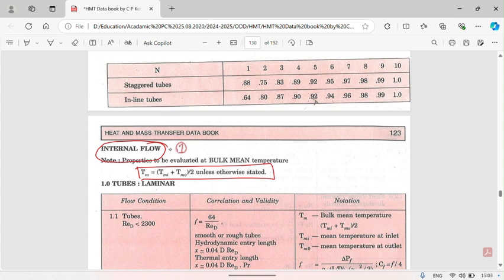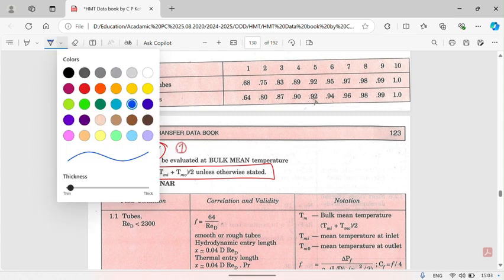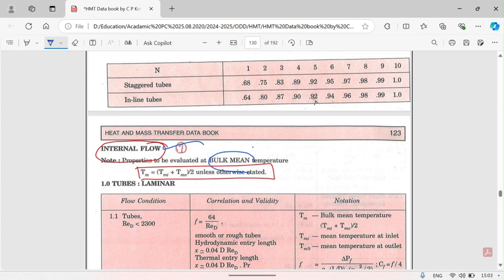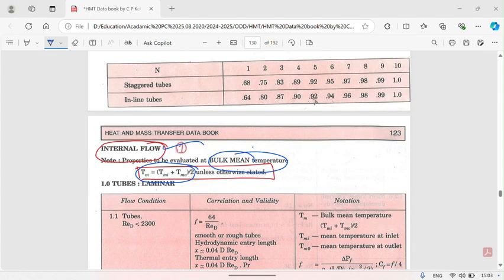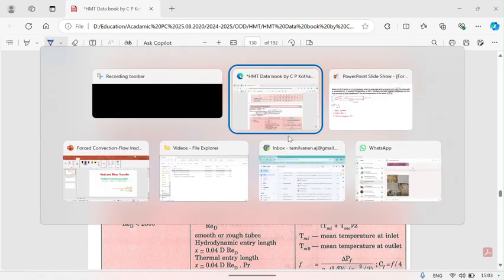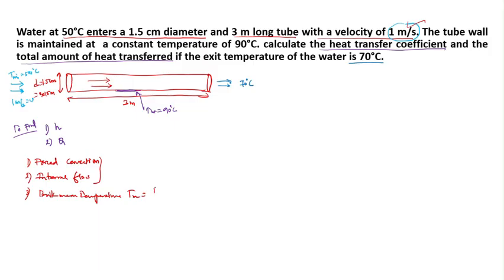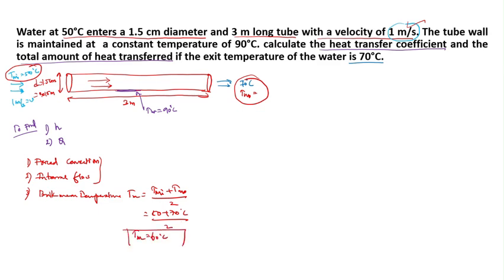For internal flow, the bulk mean temperature Tm is equal to Tmi plus Tmo divided by 2. Here Tmi is equal to 50 degrees Celsius and Tmo is equal to 70 degrees Celsius. So Tm is equal to 50 plus 70 divided by 2. Then the bulk mean temperature is equal to 60 degrees Celsius.